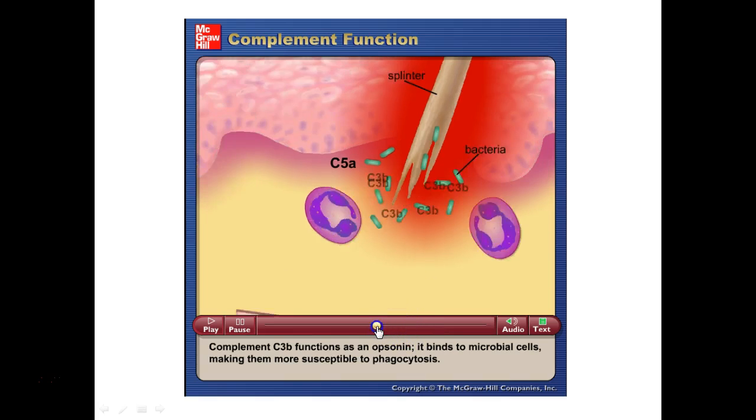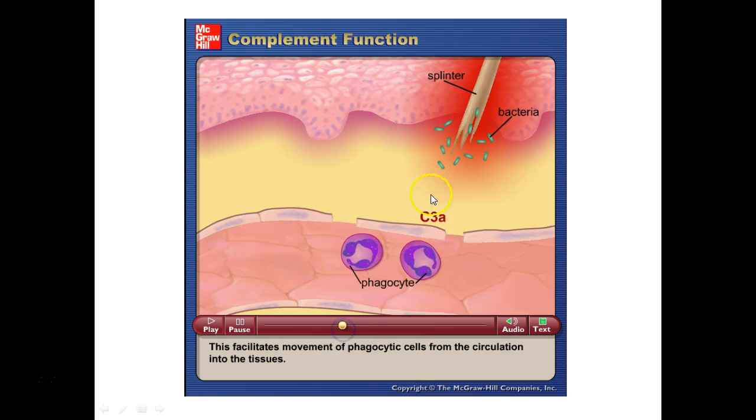In addition, if you roll back, notice C3a, its effect is on the capillaries themselves, allowing them to become leaky and dilated so that the phagocytic cells can come out of the blood vessel and head to the area where the C5a is calling them.